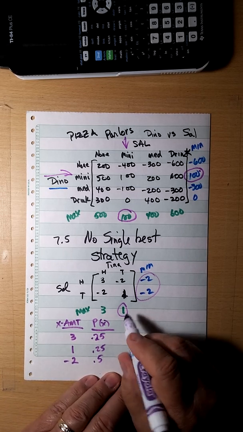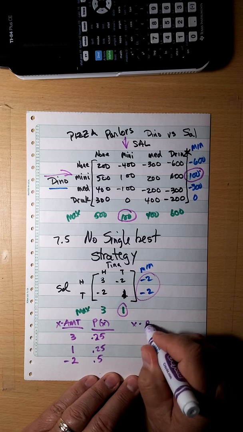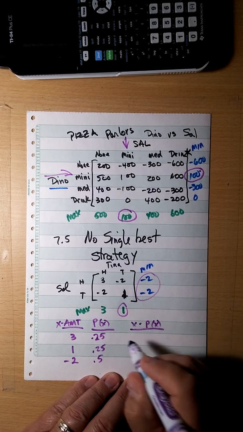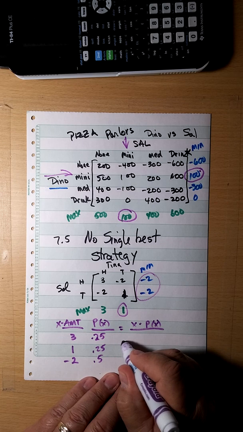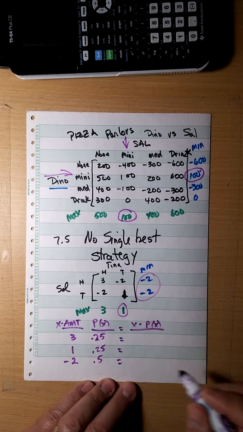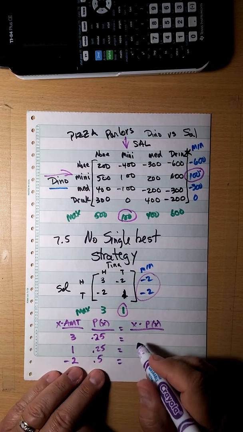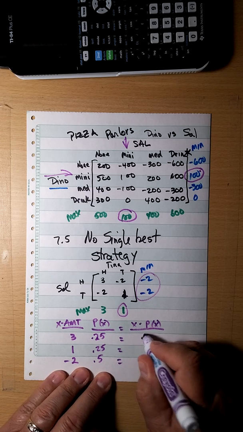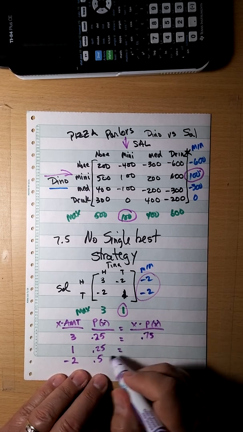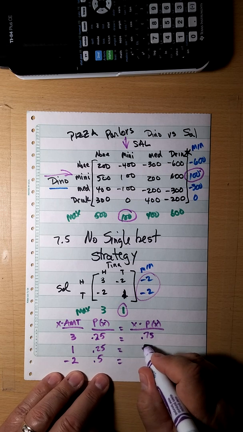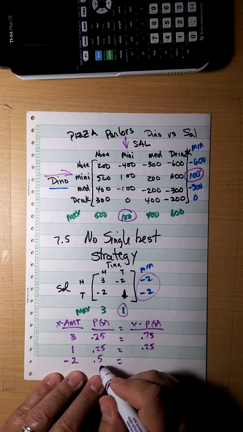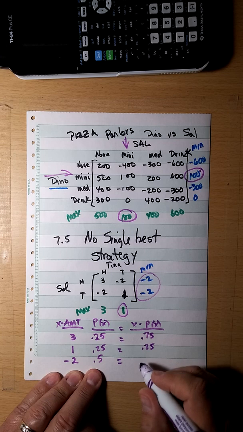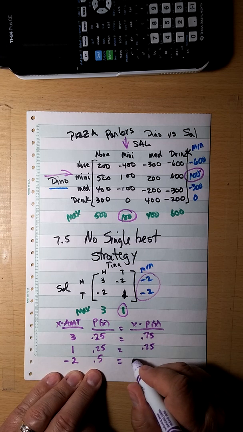Now if you take x times P of X and multiply those together, here you get 3 times 0.25 or 0.75. Here you get 1 times 0.25. And here you get a -2 times 0.5.